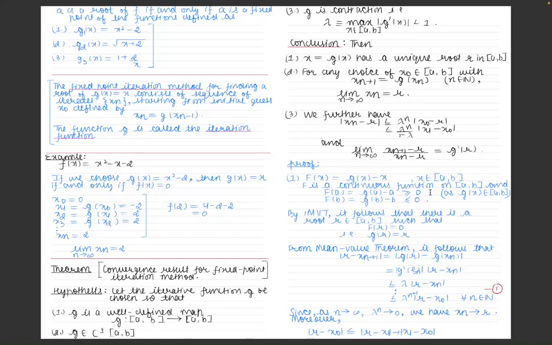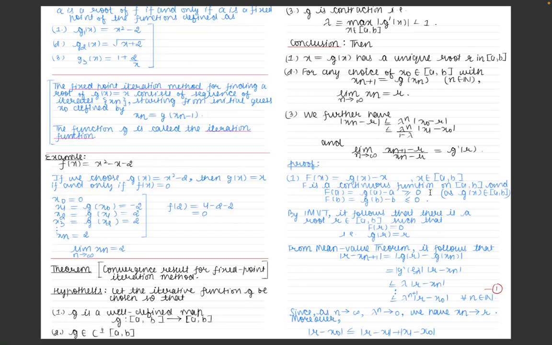So, let us see what we mean by this. We have this function f(x) equal to x square minus x minus 2, and let's say we choose our g(x) to be x square minus 2.